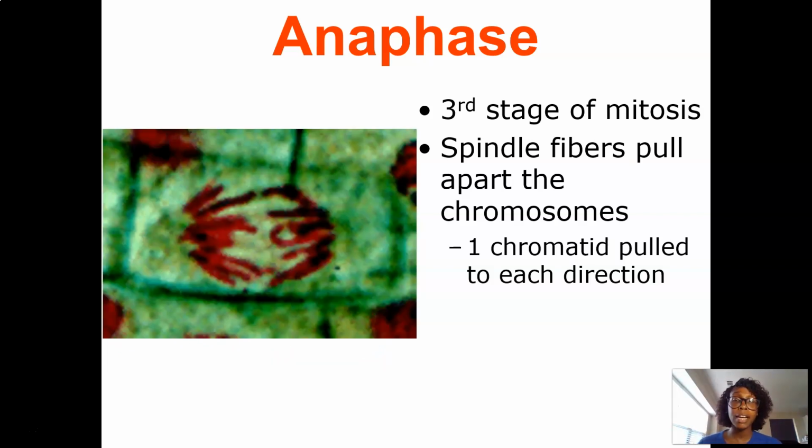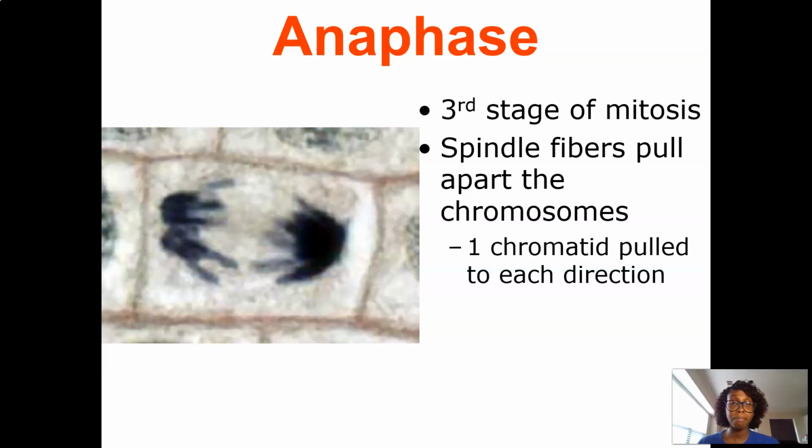If we were to look at it under a microscope, you will see our cell under anaphase being pulled, almost being pulled apart. When it's lined up in the middle, you will see it kind of pulling apart like that. And that's another example of anaphase.